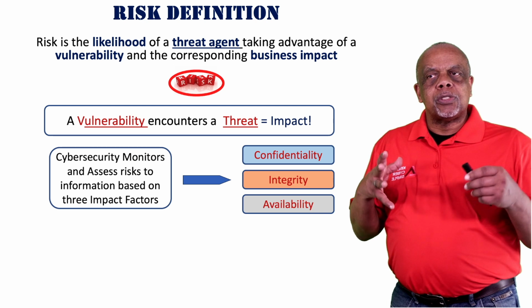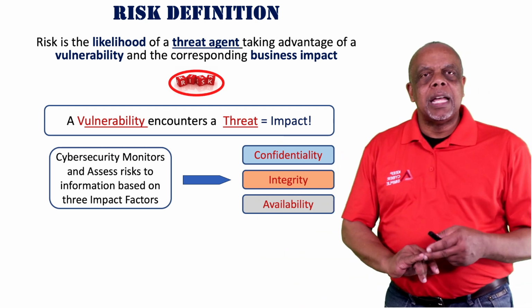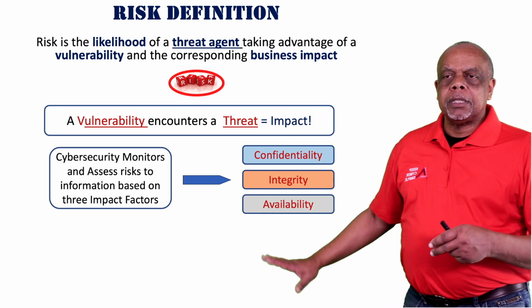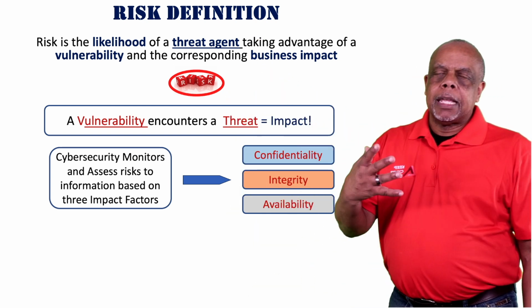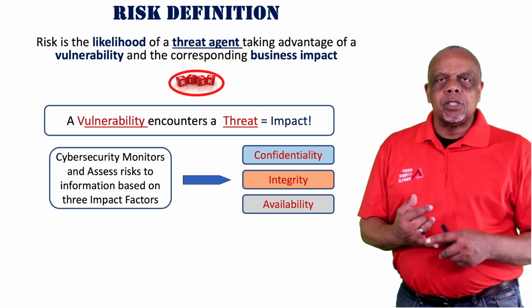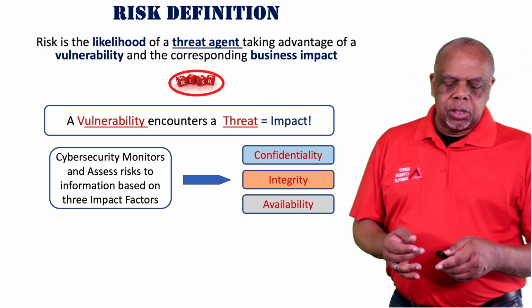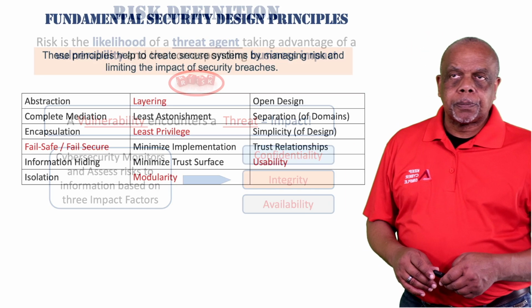We monitor and assess risk to information systems based on these 3 factors: confidentiality, integrity, availability. All of that is part of our assessment of risk and how we ensure that your information is available when you need it, it hasn't changed, and it hasn't been released to unauthorized entities or subjects.